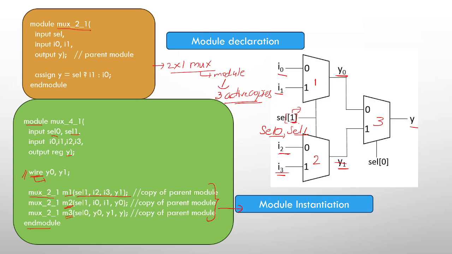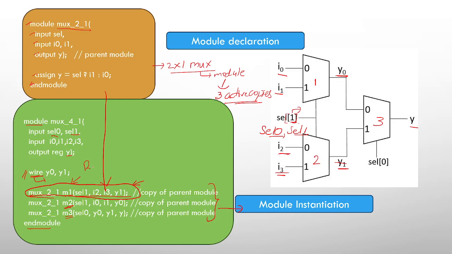So these three are nothing but module instantiations. That means if you write this, what happens is this entire code is copied here and placed. If you see here, how many lines is this? 1, 2, 3, 4, 5, 6... let us think it's 5. So instead of writing all these 5 lines every time, you can just make a copy by using a single line.